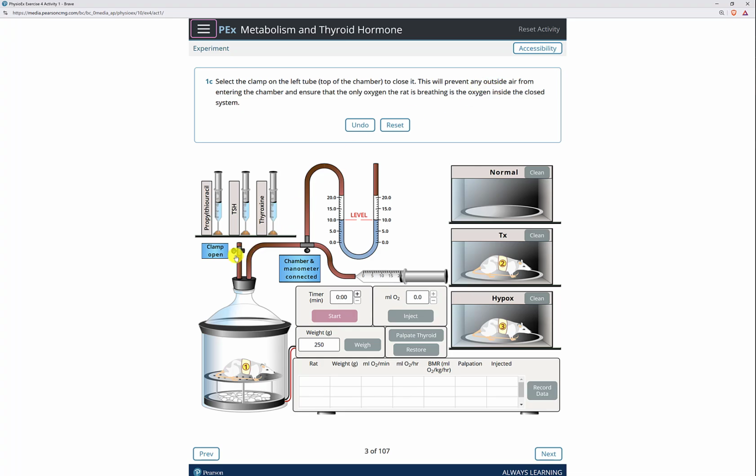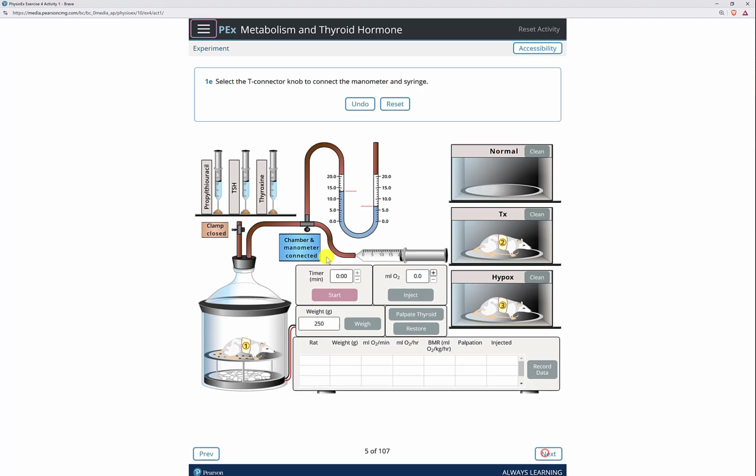This will prevent any outside air from coming in. And this is the clamp. Then set the timer to 1 minute using the plus minus button. Select start beneath. You will read the instructions in full. For me, I did this so many times, so I'm comfortable with it. Notice here the changes in the levels of the fluid, of water.